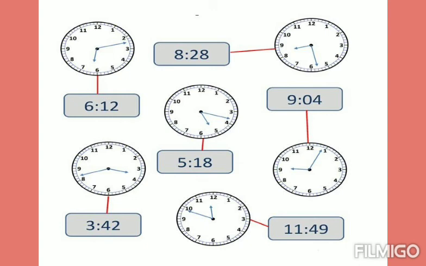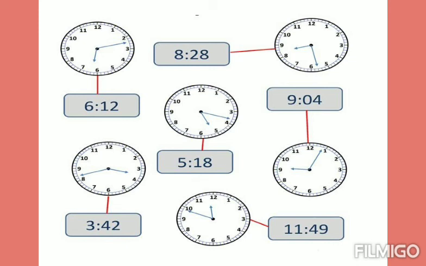Now see children, look at the clock exactly, and here between two numbers we have 5 small divisions. So here we are going to calculate the time to the exact minute. Okay, now look at the first one. The minute hand is after 2, it has covered 2 small divisions.